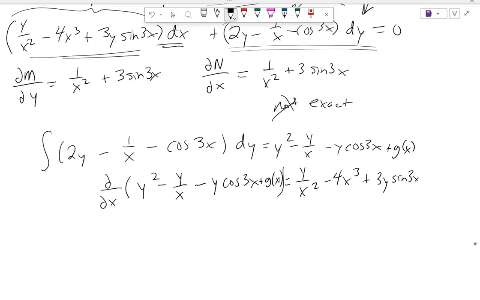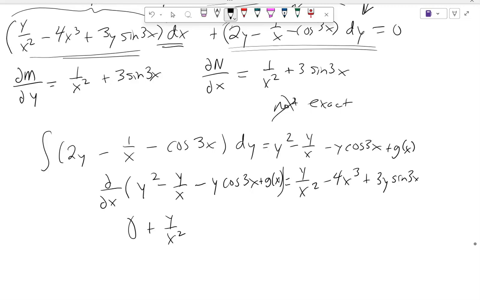All right, what do you get when you take the partial with respect to x on the left-hand side? The y squared goes away, good. Yeah, it better be a plus y over x squared. Why do I know it better be a plus y over x squared? Yeah, so looking at my two sides, remember when I'm done, what's left has to be a function of x all by itself, right?